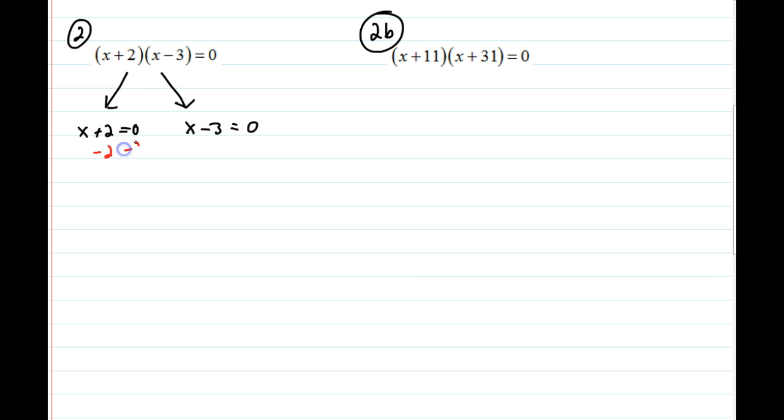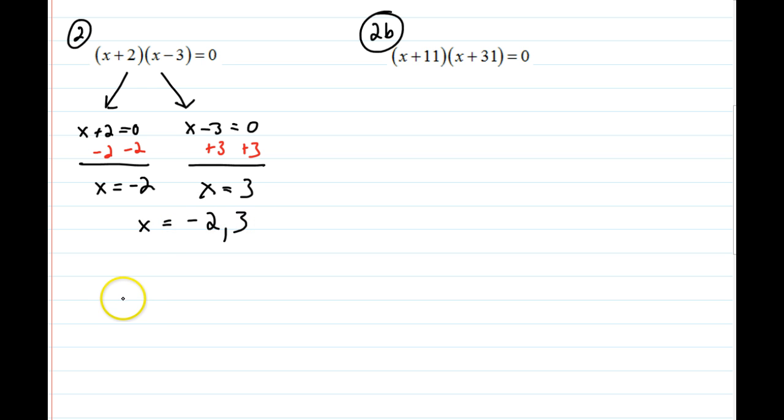And we get minus 2, minus 2. So on the left one, x equals negative 2. Over here we add 3, and we get x equals a positive 3. So our equation has two answers, so x equals negative 2 and positive 3.